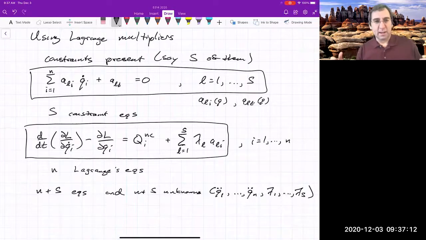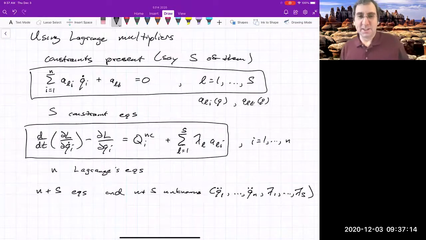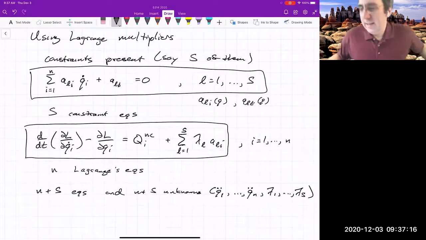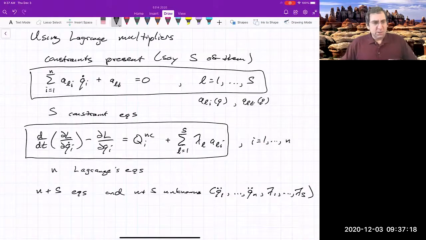Okay, n plus s equations and n plus s unknowns. That's a lot of equations, and that's a lot of unknowns. Wouldn't it be great if we could somehow get some minimal set, and just skip the whole step of getting Lagrange multipliers, even for the case of non-holonomic constraints, so stuff with the rolling and things like that?